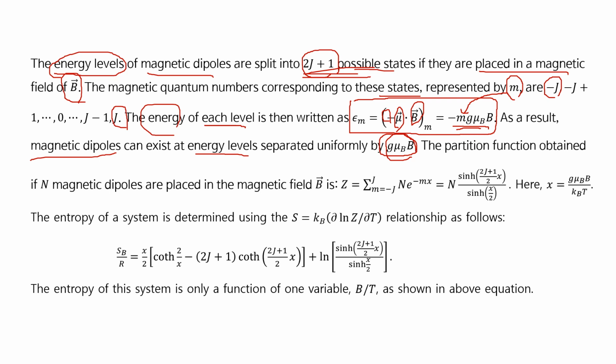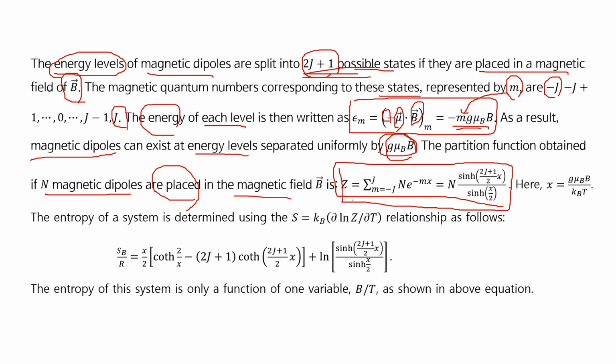The partition function obtained if n magnetic dipoles are placed in magnetic field B is this equation. So there is a partition function of n free magnetic dipoles.